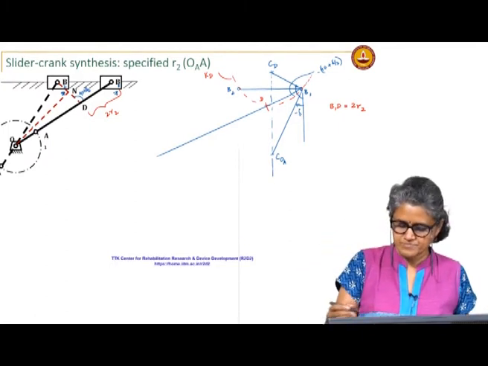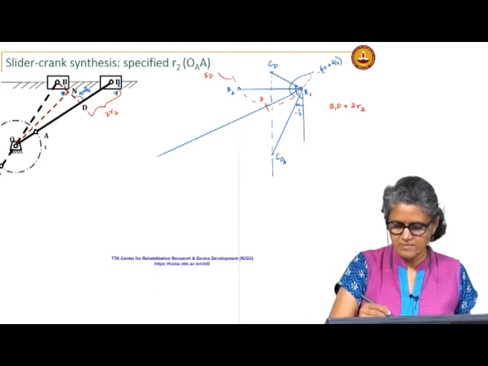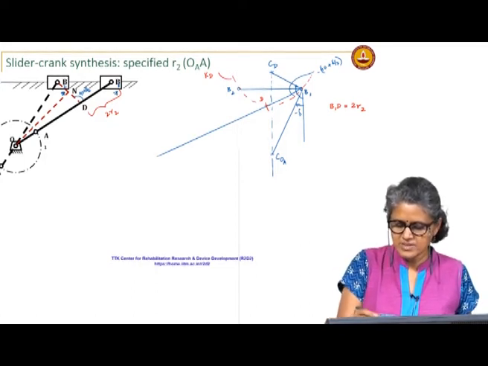And I still have to draw this circle, because I have to find OA, right.